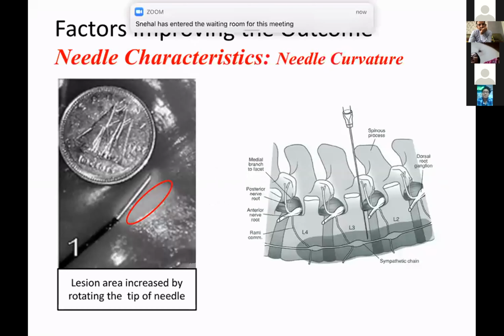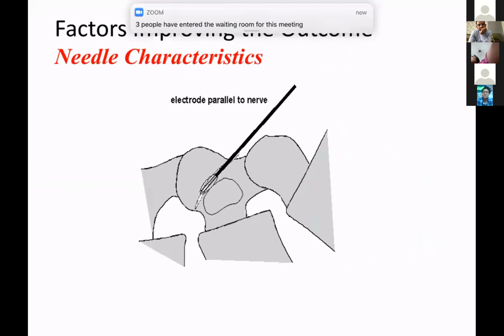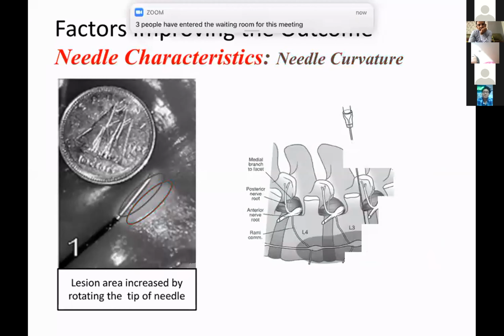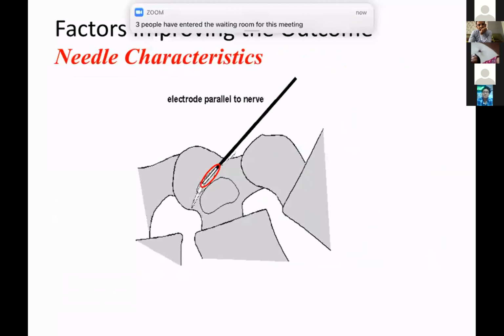Like in lumbar sympathetic RF lesioning, the needle is lying parallel to the lumbar sympathetic chain, so we can rotate the needle to produce 2 lesions and thereby give a larger size. Now, if somehow the needle is lying parallel to the nerve, we can simply move the needle out to produce a second lesion to increase the lesion size.